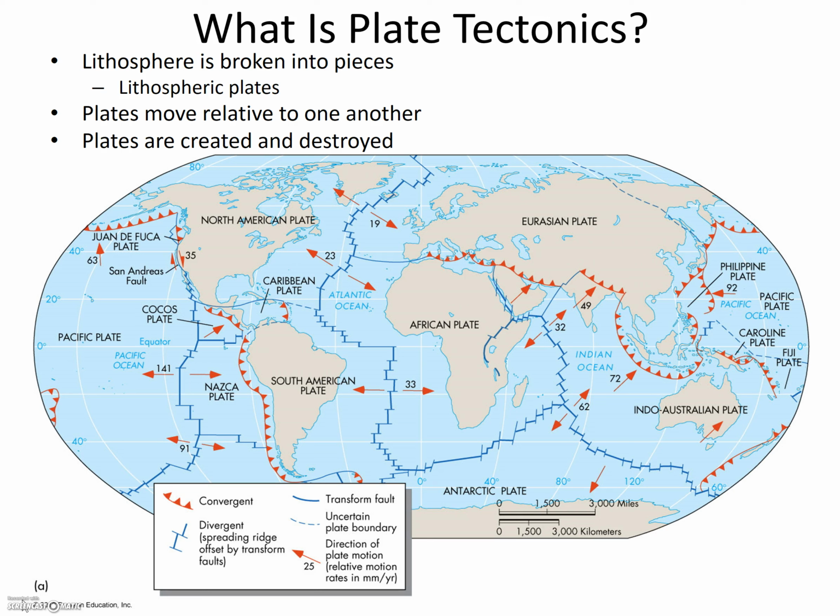Transform, with the red arrows pointing past each other, where the plates are moving past each other. The numbers indicate the relative movement of the plates in millimeters per year.